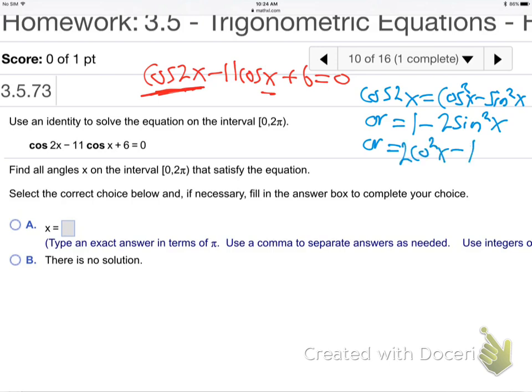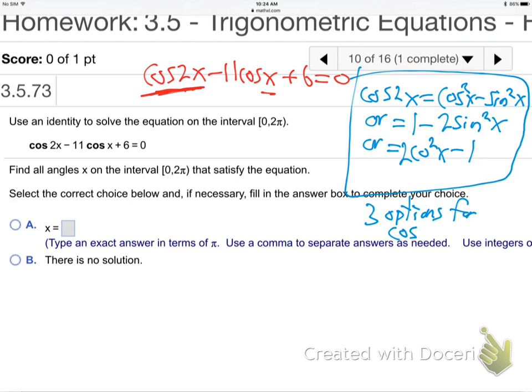Is that right? I think that's right. Yep. Okay. So there's 3 different options that they gave us back in the double angle thing for cosine. 3 options for cosine 2x.